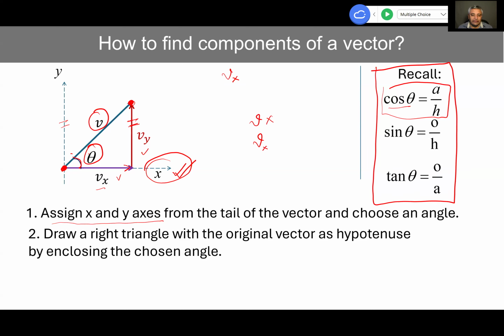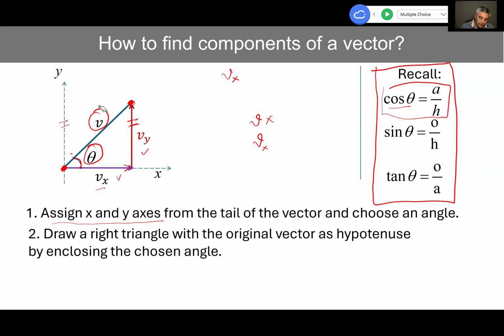Here, often we use theta for an angle. Sometimes we may use other symbols like phi or alpha. Often we will be using theta for any angle if there is only one angle. But if we need more than one angle, then we have to find other notation as well.